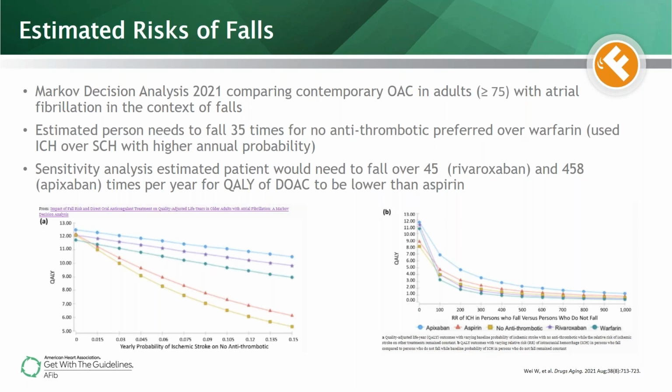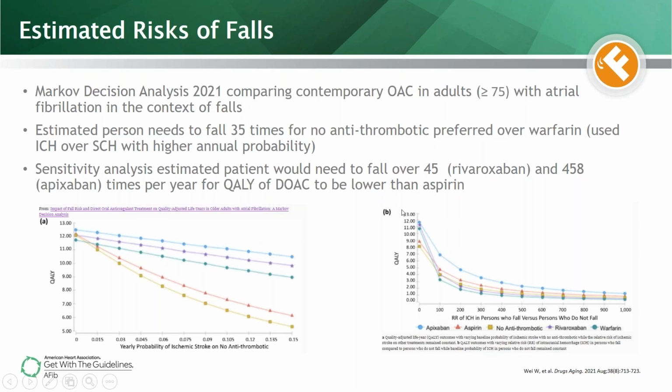When we're looking at a sensitivity analysis, estimated patients would need to fall over 45 times with the use of rivaroxaban, or 458 times per year with use of apixaban, for quality adjusted life years of DOAC to be lower than aspirin. And in our charts, we see that the DOAC performed better for quality adjusted life years for the probability of ischemic stroke.